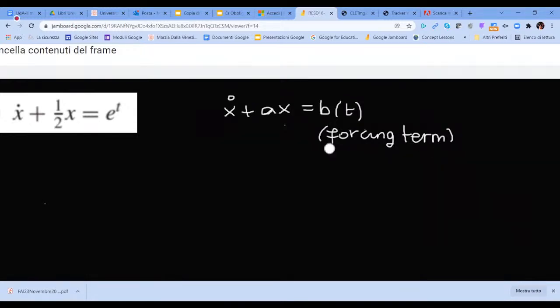You have two ways to compute this kind of differential equation.